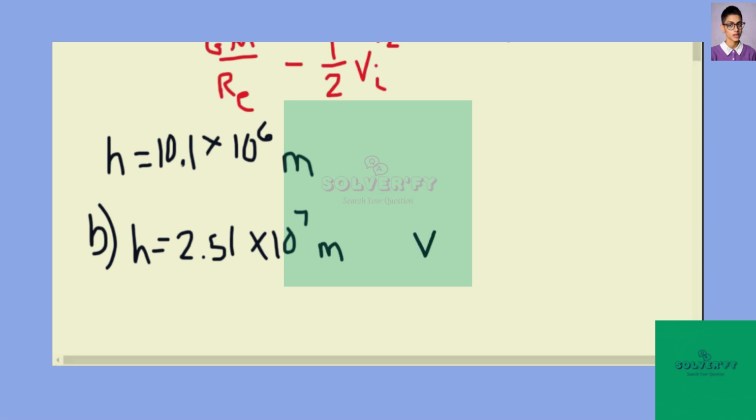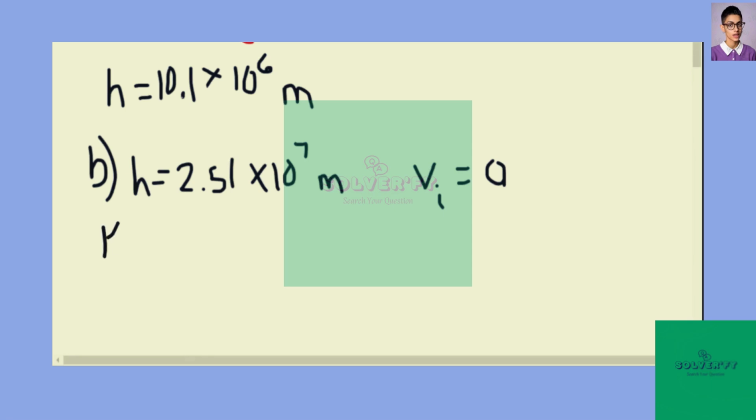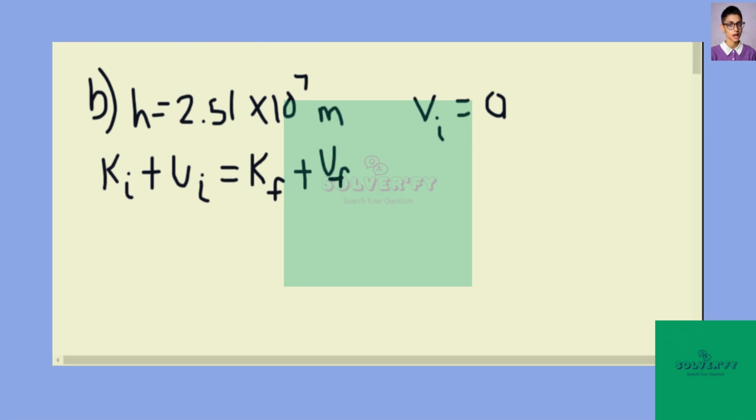So that means that the velocity, and we'll call that initial, is 0. So let's do this again. Kinetic energy plus potential energy equals kinetic energy plus potential energy. And we're concerned about striking the Earth. Well, the initial kinetic energy is 0.